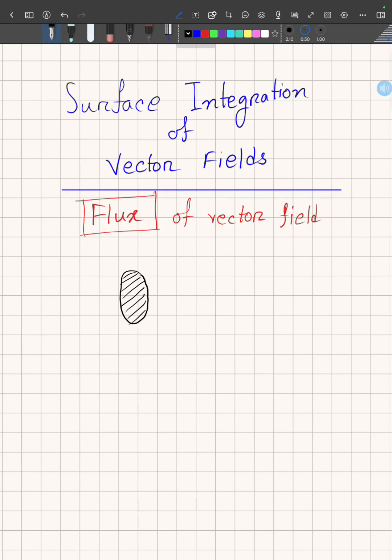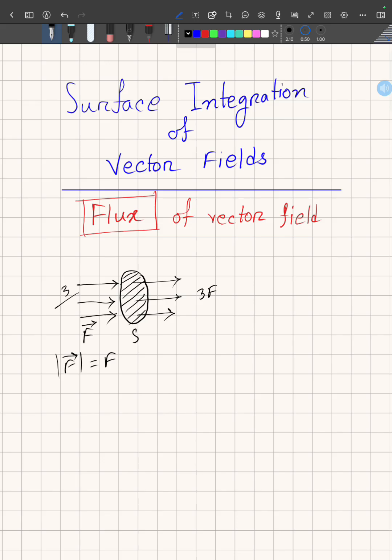You can see it is like a coin-shaped, circular surface, and there we have some vector field, let's say F. These vector fields pass through the surface, and for visual calculation, let's say 3 lines are passing. Since we know the magnitude of F, we can say this is 3F amount of lines passing through.